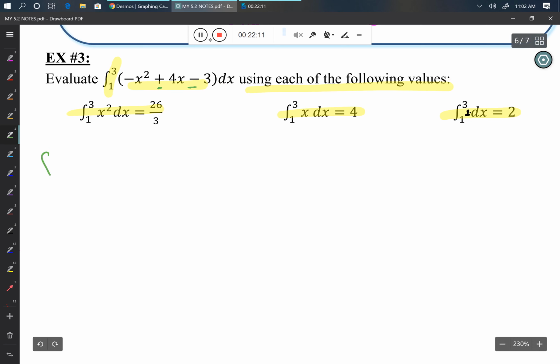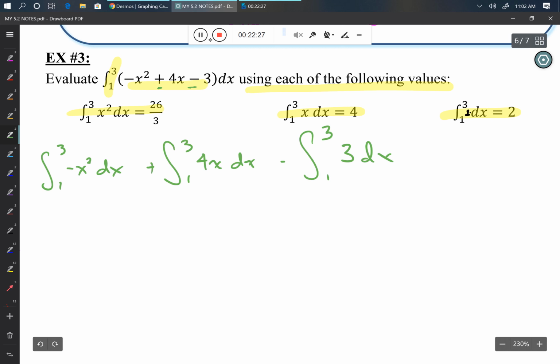So this is going to become the integral from 1 to 3 of negative x squared dx plus the integral from 1 to 3 of 4x dx minus the integral from 1 to 3 of 3 dx. Now I'm looking closer. This one now looks a lot like this one except for that stupid negative.